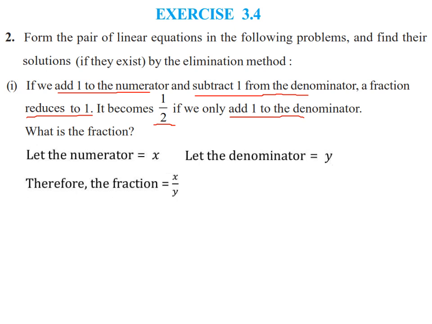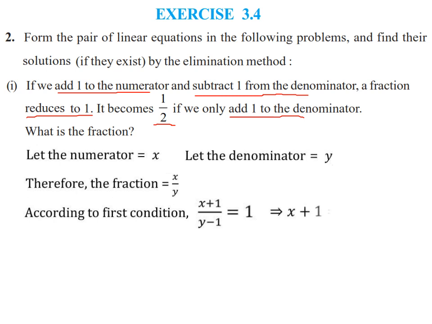According to the first situation, add 1 to the numerator and subtract 1 from the denominator, so it will become (x plus 1) divided by (y minus 1), and it reduces to 1, so it is equal to 1. Now solving this, I will get x plus 1 equals y minus 1. So my first equation will become x minus y equals minus 2. That will be my first equation.